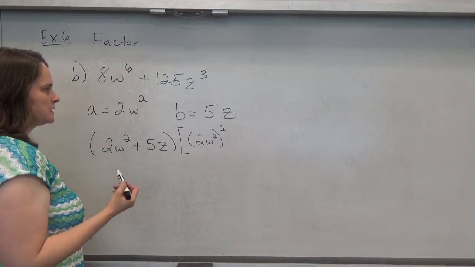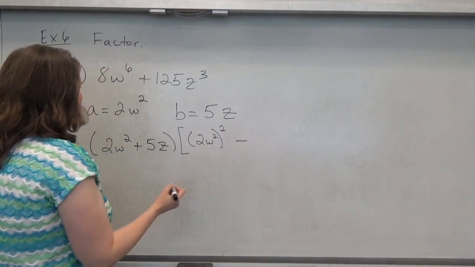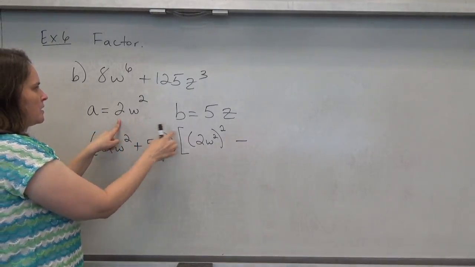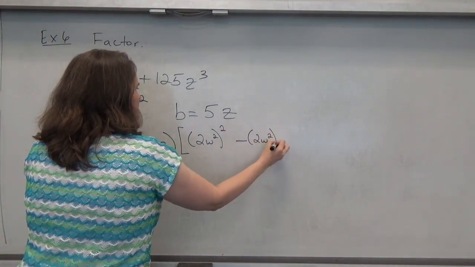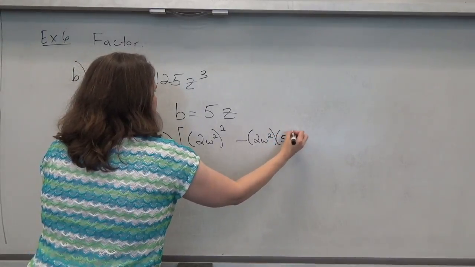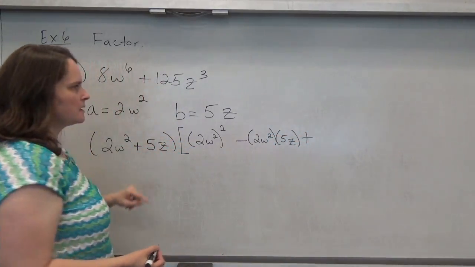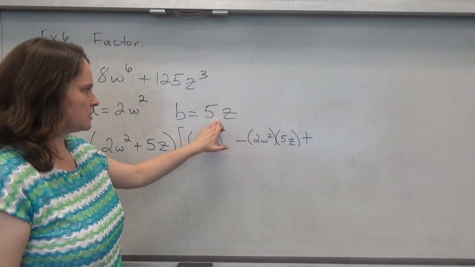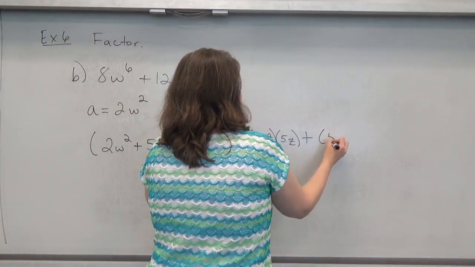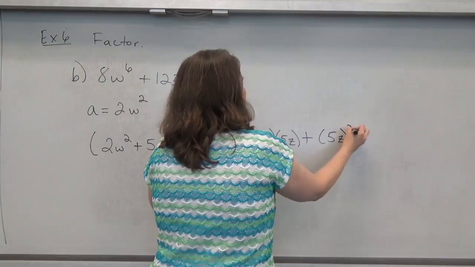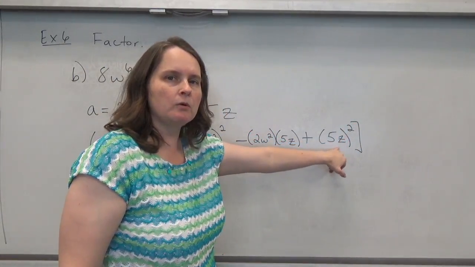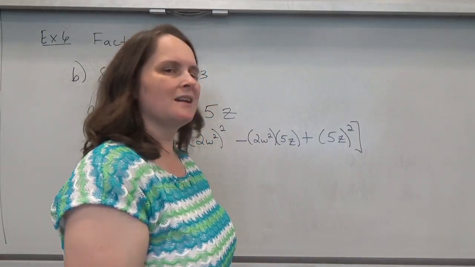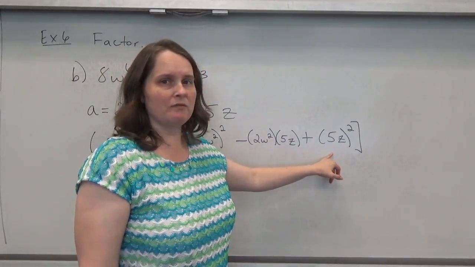The formula tells me to subtract a times b, so I'm going to do 2w squared times 5z plus, and then b squared, which is I'm going to square 5z. Be careful that you square both the coefficient and the variable in these problems. A lot of times students forget that they have to square both the 5 and the z.